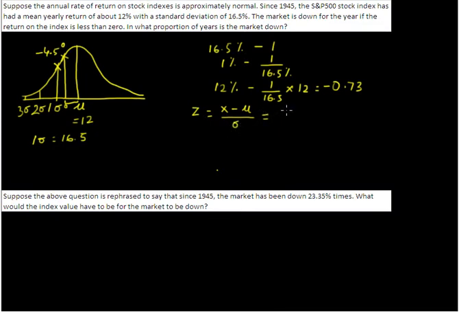So if we plug in the numbers, 0 minus 12 divided by 16.5, we are going to get the same thing, minus 0.73. So what we have found out up until this point is that the index value of 0 is 0.73 standard deviations to the left of the mean.